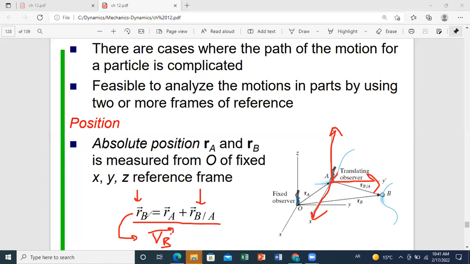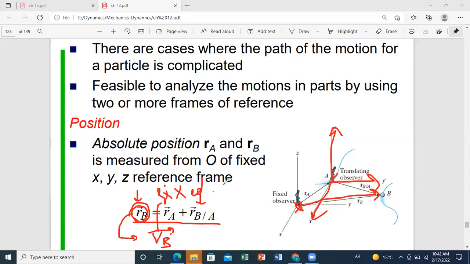When you derive this position vector, you get a velocity measured with respect to which frame? RB represents the position relative to what? To O, which is the center of the fixed frame.